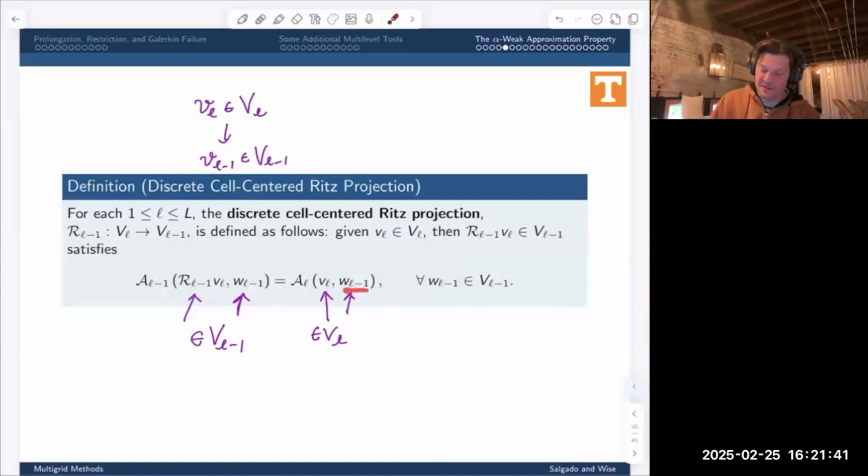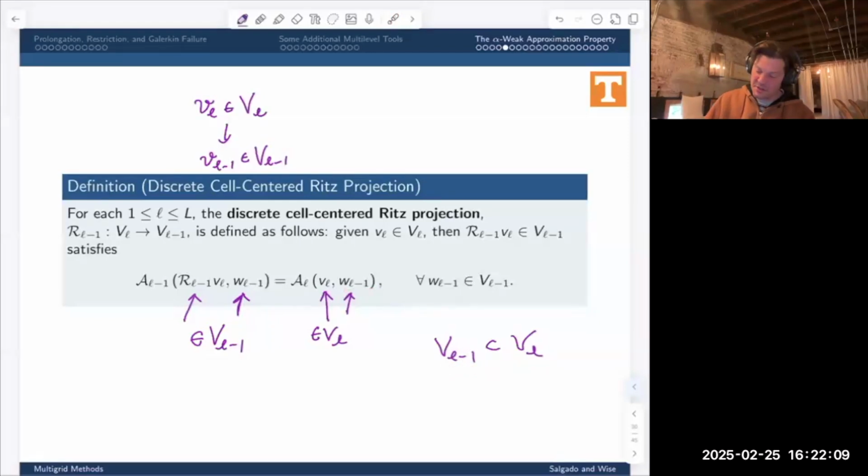The second thing is not in VL directly; it's in VL minus 1. But remember, these piecewise constant functions form a nested space. So VL minus 1 is always a proper subspace of VL. How do I know that? Well, this object is working with a coarse grid, and this is working with its fine grid.